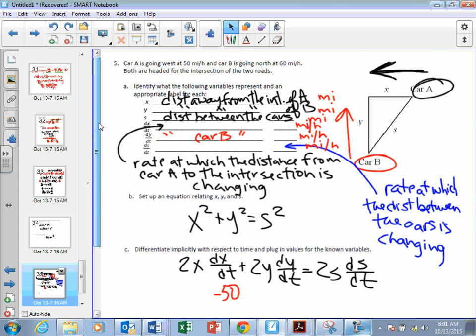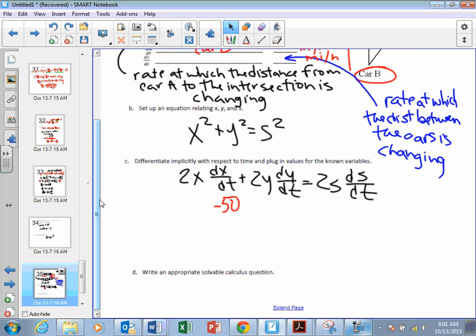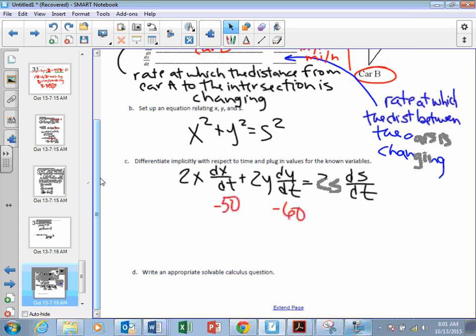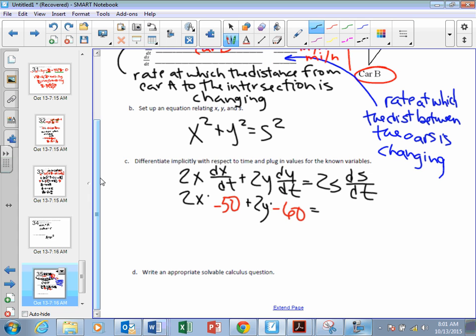So y is shrinking at 60 miles an hour. So dy/dt is negative 60. Do we know anything else? No, I don't think we know anything else. So we have 2x times negative 50 plus 2y times negative 60 equals 2s ds/dt.